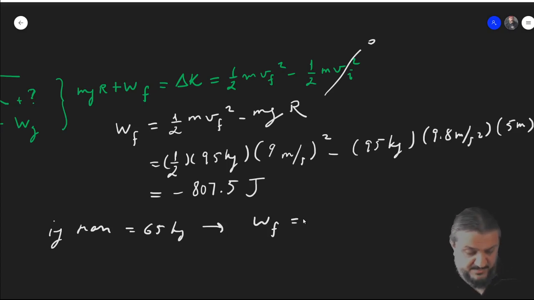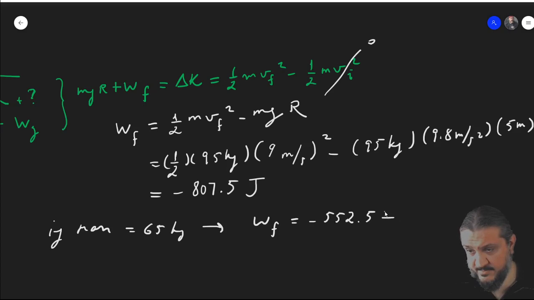So let me go back to that. 0.5 times 65 times 81 minus 65 times 9.8 times 5, negative 552.5, or approximately, as the book says, joules.